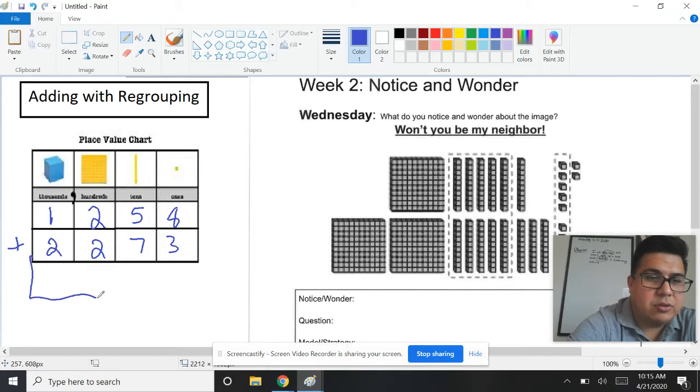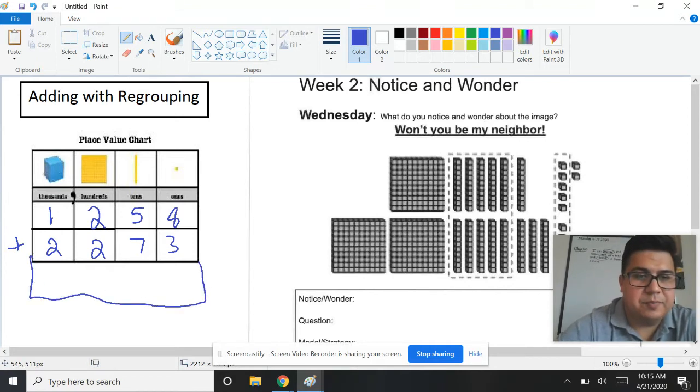If we're adding those up, we should get a certain answer. If we do 8 plus 3, we know 8, 9, 10, 11. We can't fit 11 in the ones place, so we have to regroup. We keep one of our ones here, and we regroup a 10 over here.